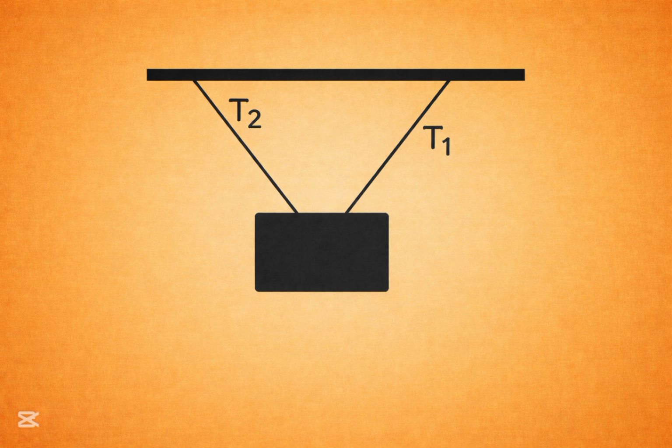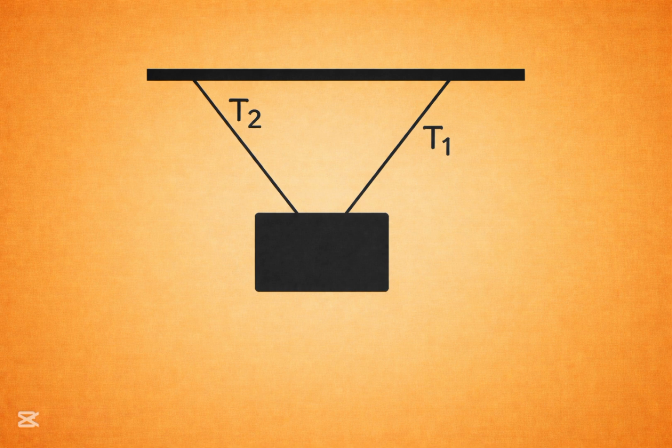On the T2 and T1, there's a tension force. That's why we call it T. Okay, people, now let's talk about the forces that are acting on this object. Here we are going to draw the vector diagram and the free body diagram. We are going to first start with the free body diagram. So now let's draw our free body diagram.